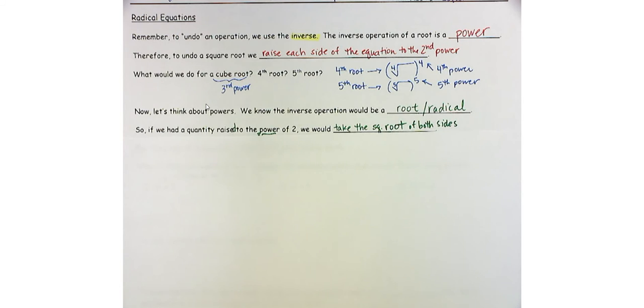And you most commonly have been working with the square root. But obviously, if you had a power of 3, then you would have to do the cube root, and so on and so forth. So the fourth power, you'd use the fourth root. Fifth power, you'd use the fifth root.